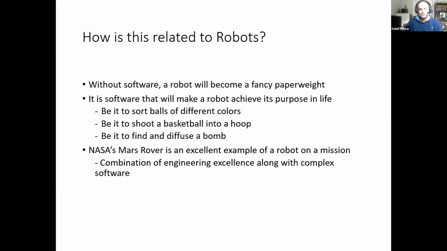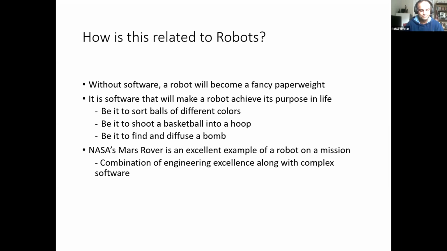Of course, how is all this related to robots? Well, without software, a robot, as you can imagine, is going to be a fairly expensive or a fancy paperweight. It is software that's going to make your robot achieve its purpose in life, whether it is to sort balls of different colors, to shoot a basketball into a hoop, or to go and find and defuse a bomb.